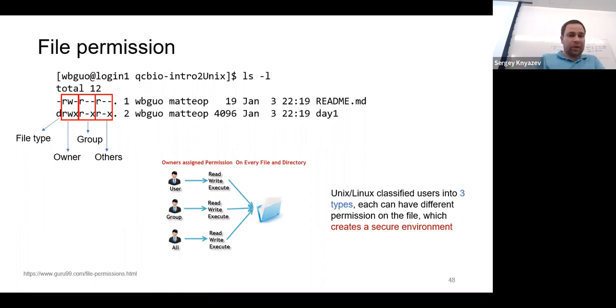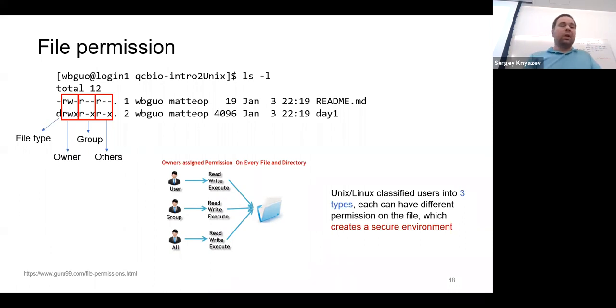And the last three letters before the dot is permission of other users. Other users is everybody. So what permissions does everybody have to your files?